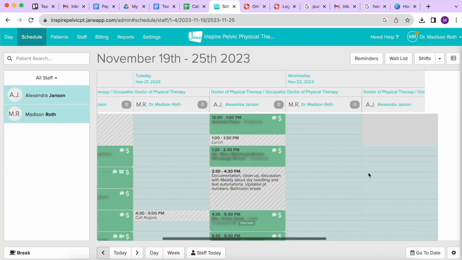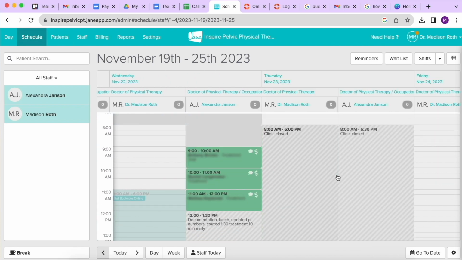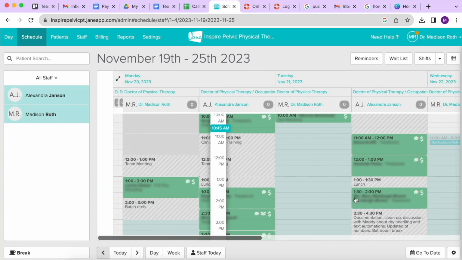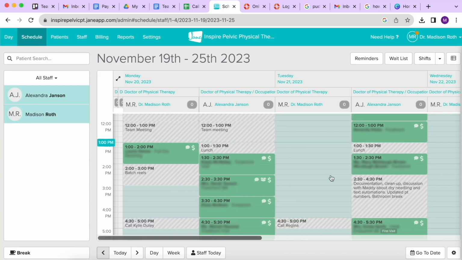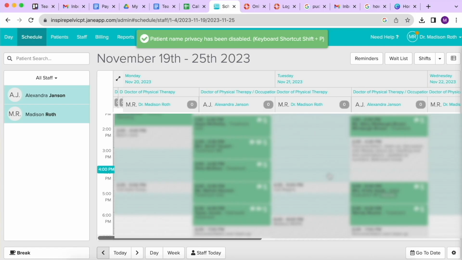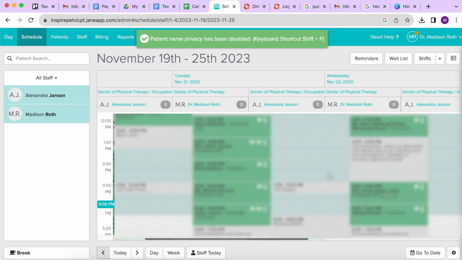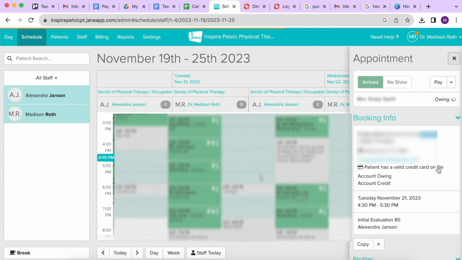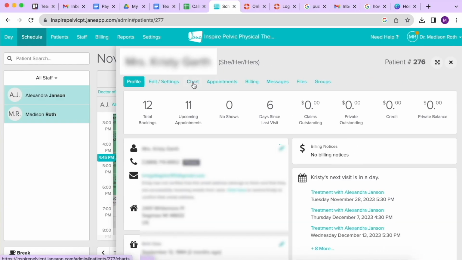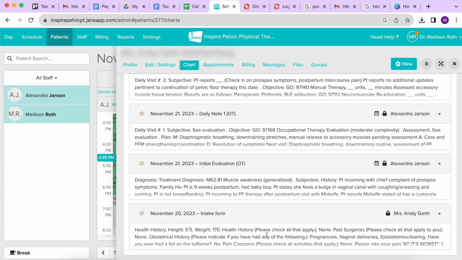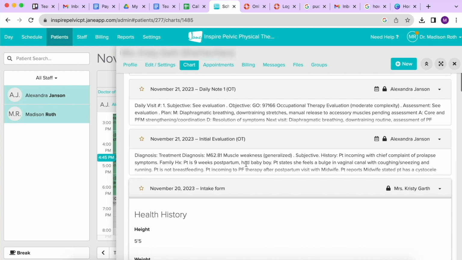Let's find one on Lexi's from last week. Okay, here we go. Here's an eval. So let's go through this. So this patient, here's her intake form.